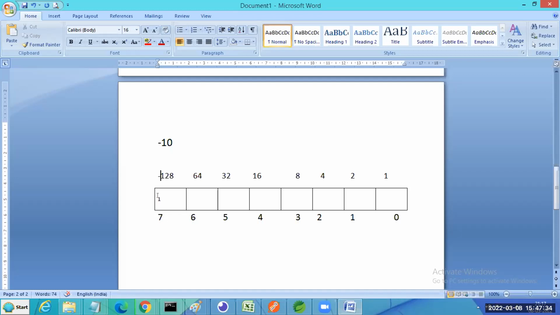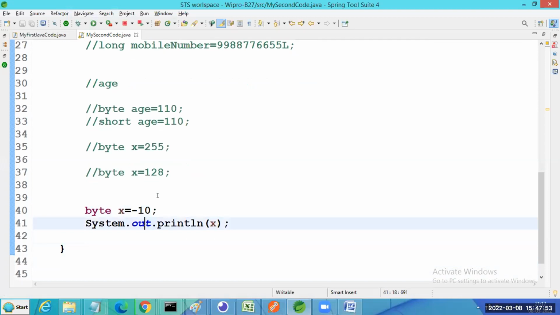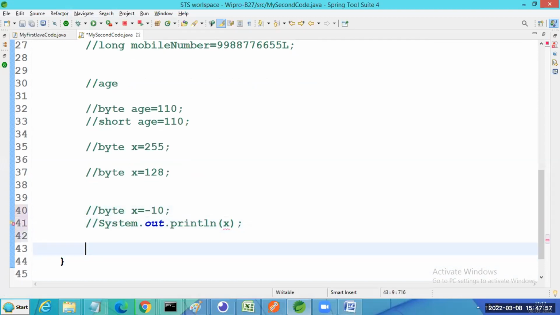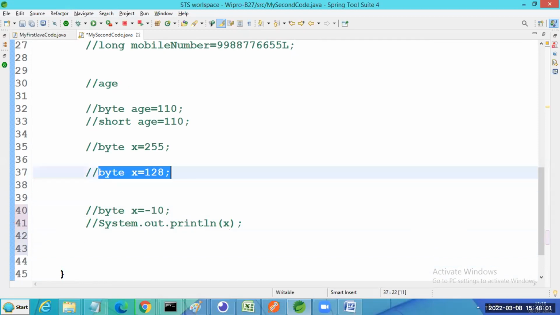If only the sign bit is 1 and the rest are all 0, what is the value stored in the byte? Minus 128. So first we will check whether it is possible to store minus 128 or not. Can I store plus 128? No, sir.